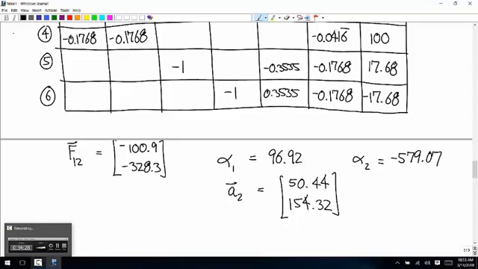That is the force that the forearm applies to the humerus, I guess this is. Okay. And so that's the force that the cartilage inside your elbow is having to deal with at that instant of the throw, which is related to injuries.